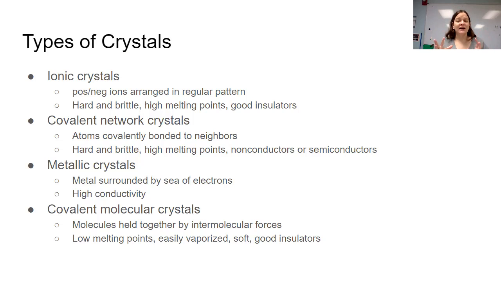So they're weaker attractions between molecules holding them together. Because they have these weaker attractions holding the particles together, they're going to vaporize more easily. They're going to melt more easily. So they melt and boil at lower points. They tend to be soft, and they do tend to make good insulators.